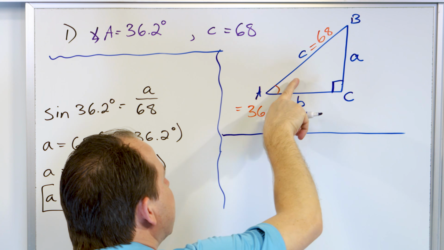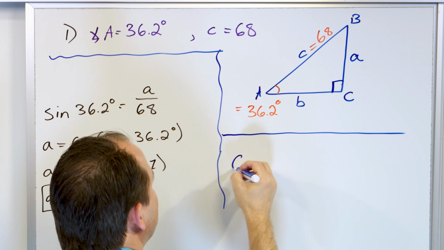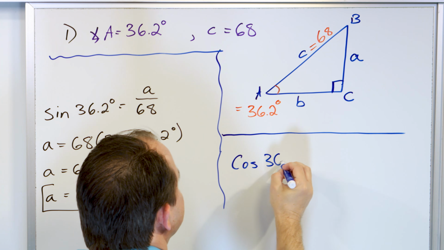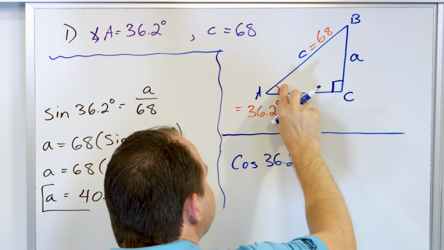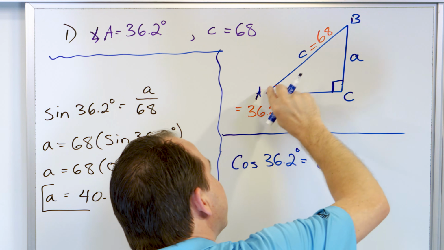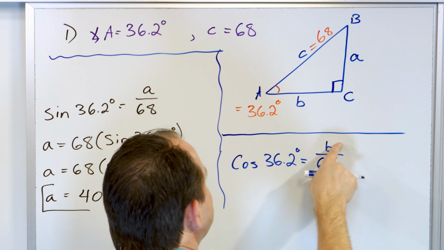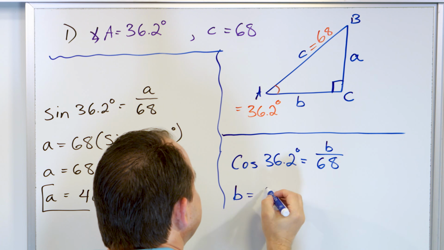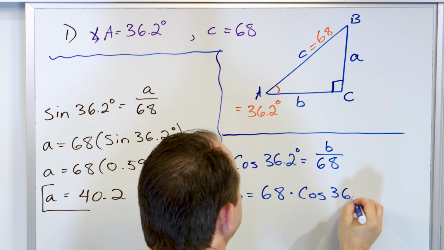Notice that the cosine involves the adjacent side, and we already know the hypotenuse, so we can write down right away that the cosine of 36.2 degrees is equal to the adjacent side of this angle, b, over its hypotenuse, which is 68. So because we were given the hypotenuse and we were given this angle, we can find a and b right away. So b would be equal to 68 times the cosine of 36.2 degrees.